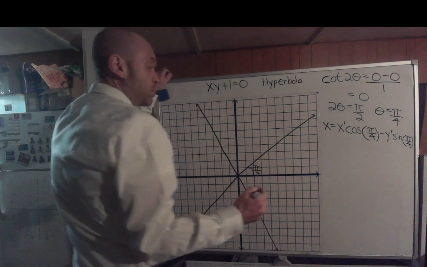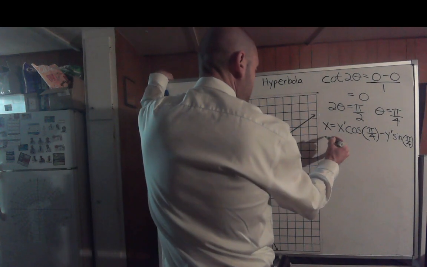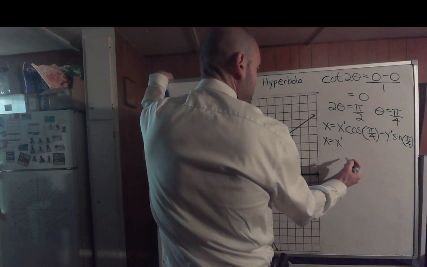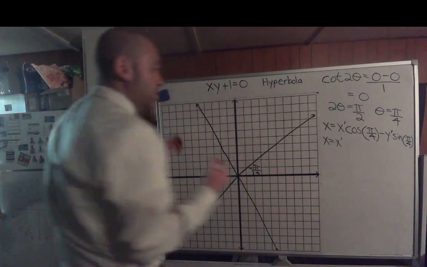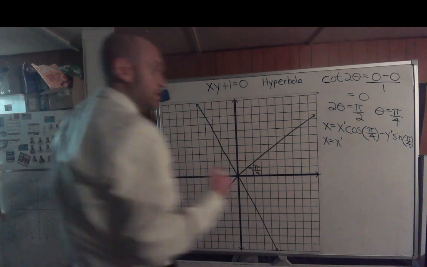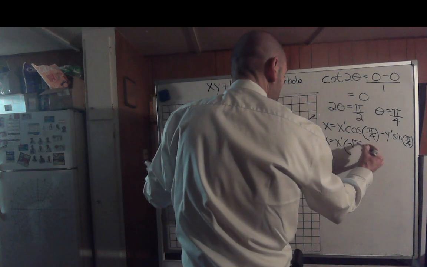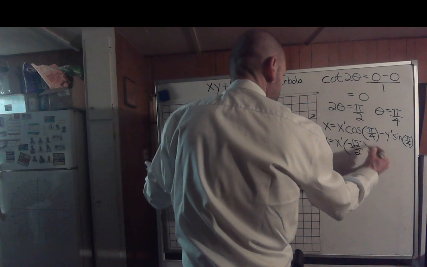Okay, so that means then x is going to equal x prime. Now, what's the cosine of pi over 4? That's simply the square root of 2 over 2. So that'd be the square root of 2 over 2 times x prime minus y prime times what's the sine of pi over 4?